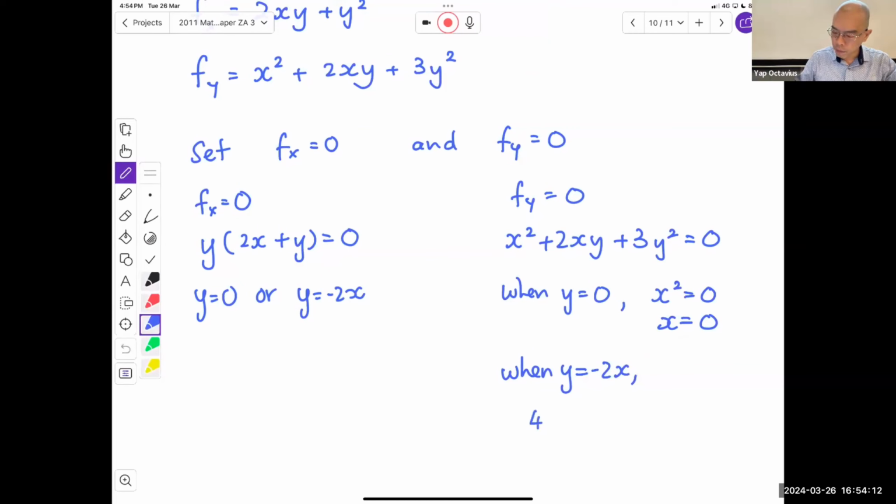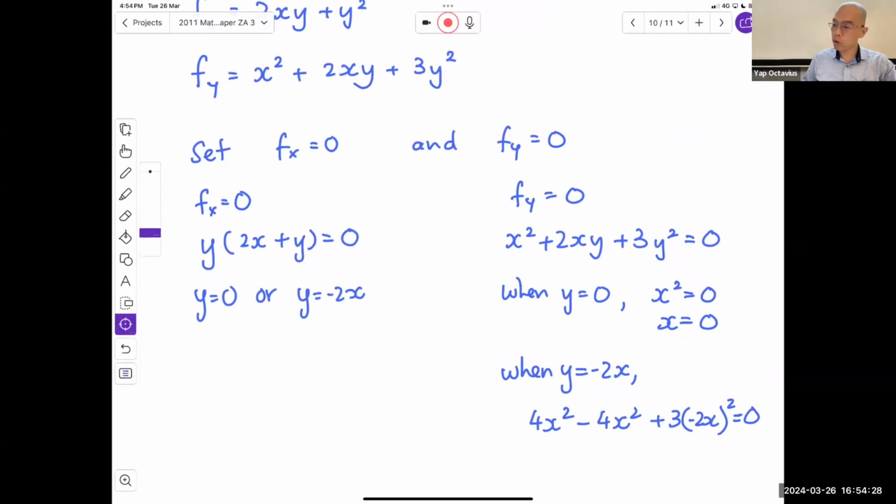When y equals minus 2x, you get x squared minus 4x squared plus 3 multiplied by (minus 2x) squared. One look at this, you'll get this one cancels off. You get x equals 0 again.